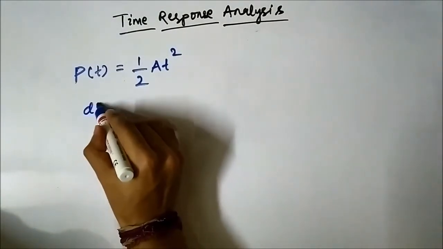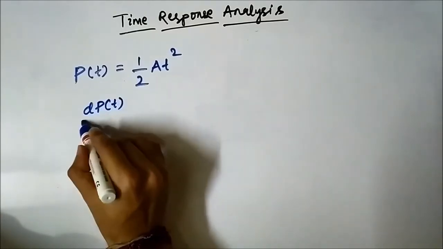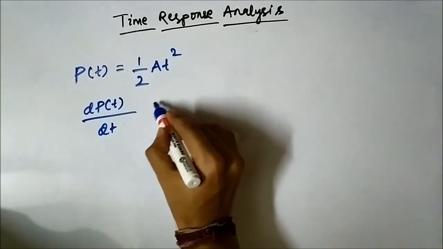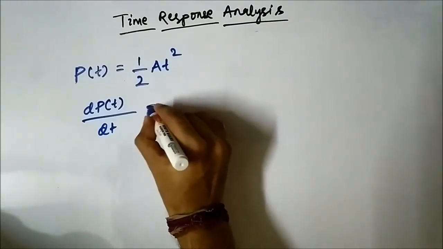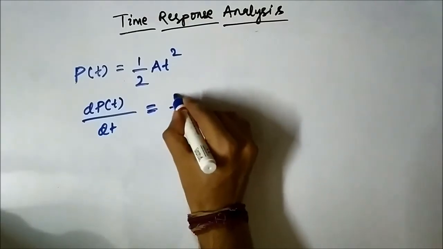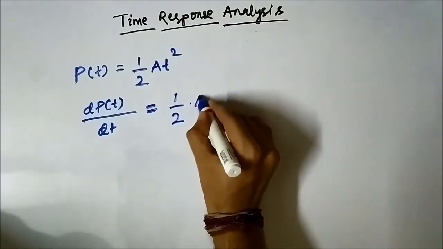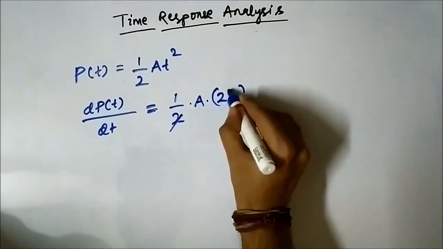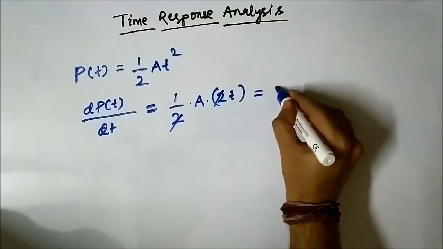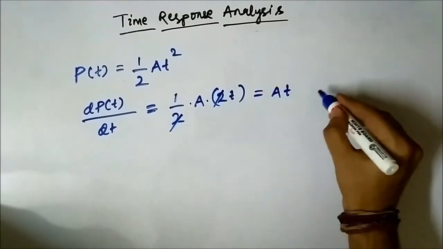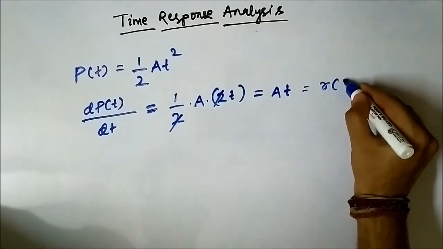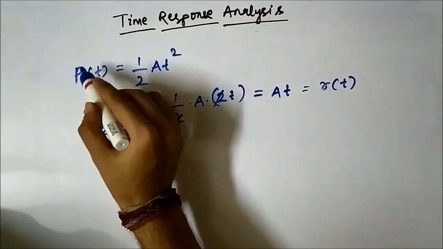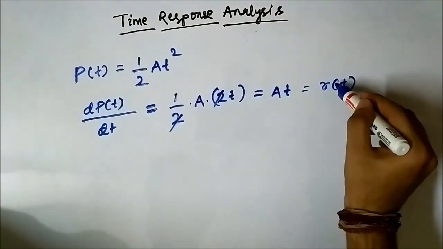Suppose we differentiate it with respect to time. So this will be 1/2 into a into 2t. 2 will get cancelled out, it will become at, which is nothing but the ramp function. The differentiation of the parabolic function gives us the ramp function.